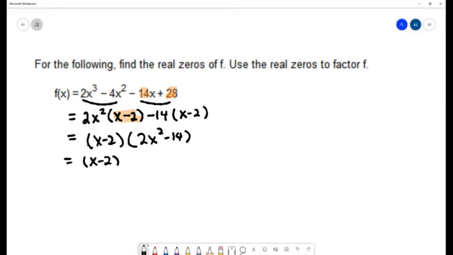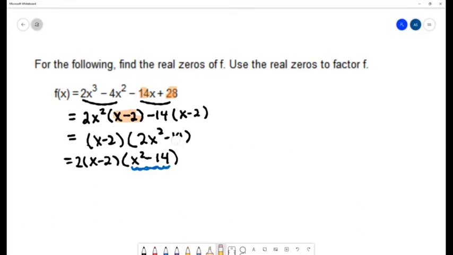And I would factor some more. I have a common factor of 2 in that second parenthesis, so I factor that out and get x squared minus 14. And it looks like this cannot be factored, this x squared minus 14. But, oops, sorry, I made another mistake.